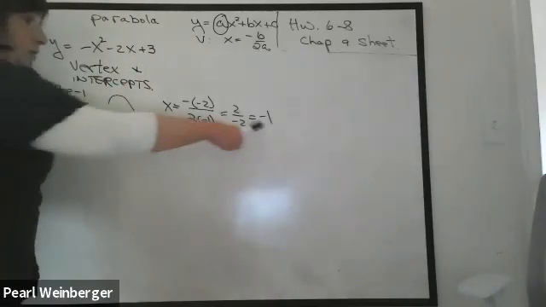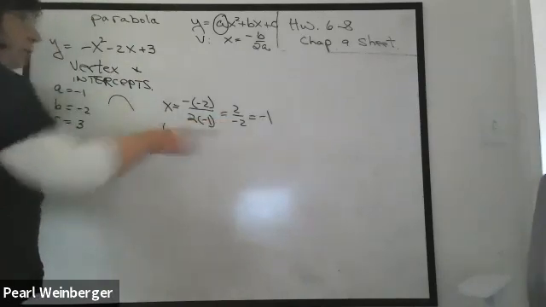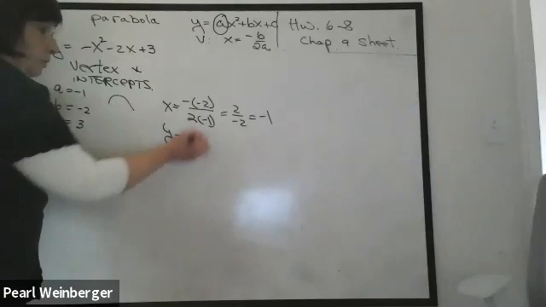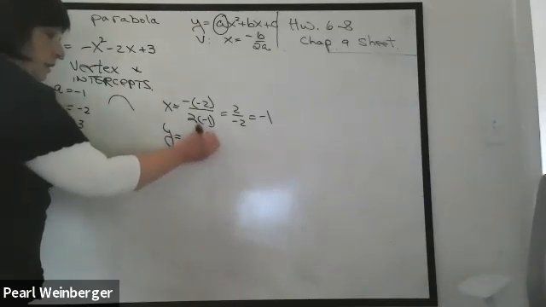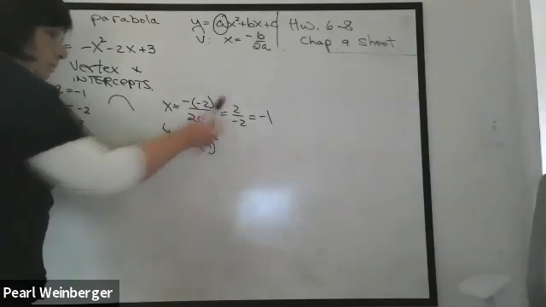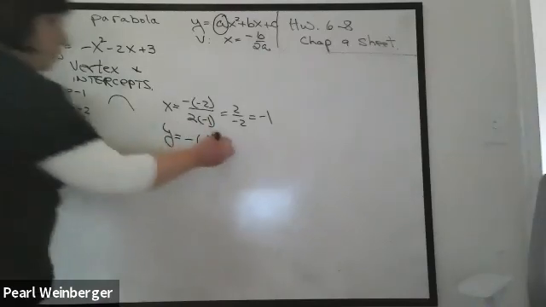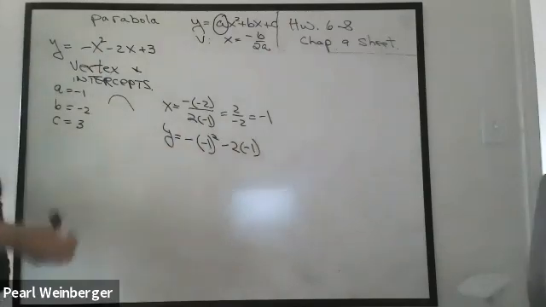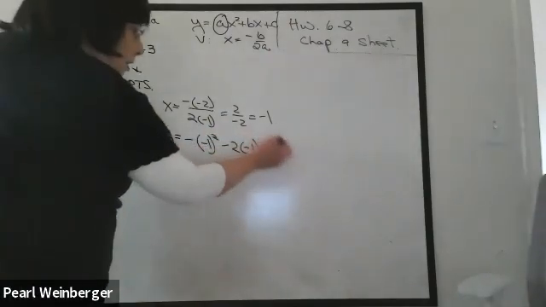So I take this answer that I got from this negative b over 2a and stick it into my equation. So this becomes -1 squared, because my x is -1, minus 2 times -1 plus 3.